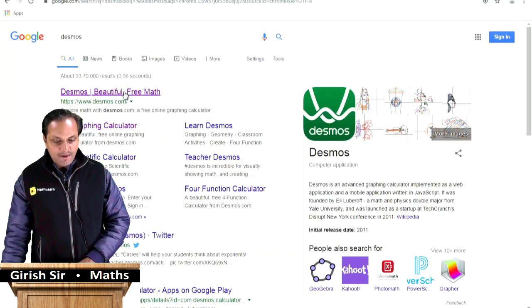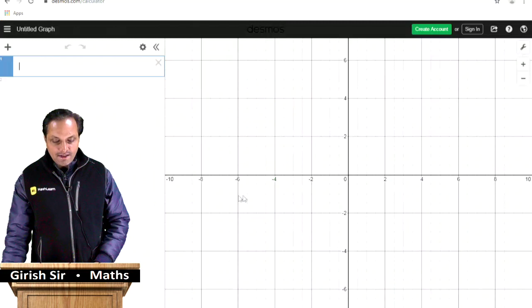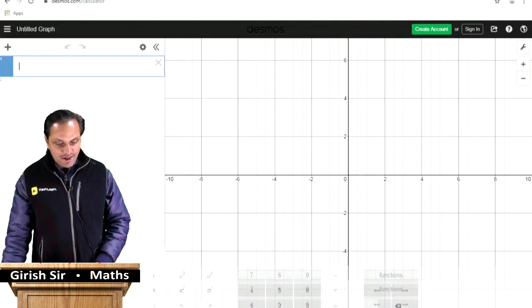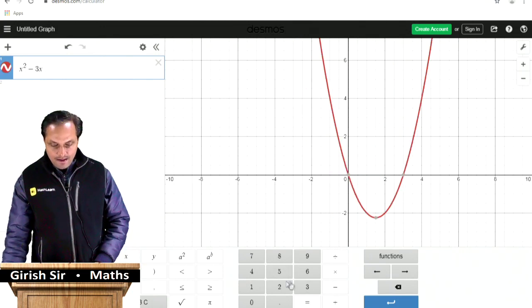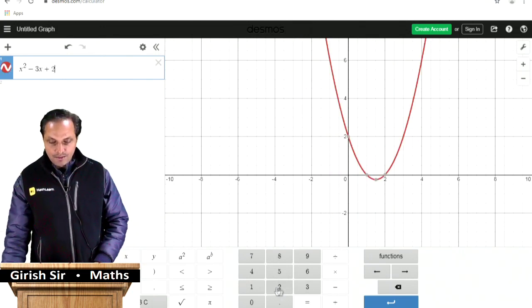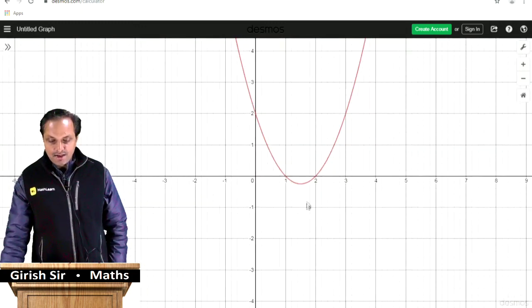You will get Desmos graphical calculator. So the curve is, आपको ड्रॉ करना है x square. You go to the function, ये है x square minus 3x और यहाँ पे plus 2. So this is the graph, this is the smooth hand curve.